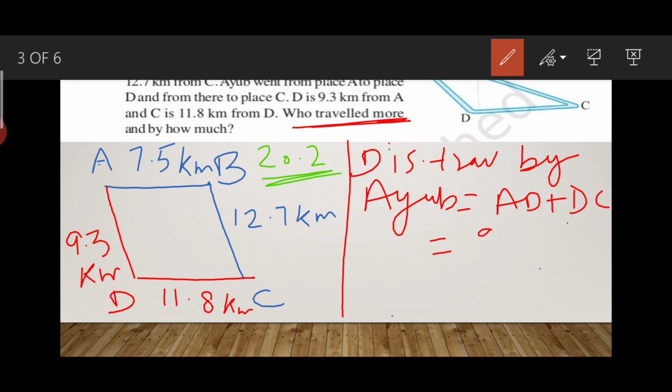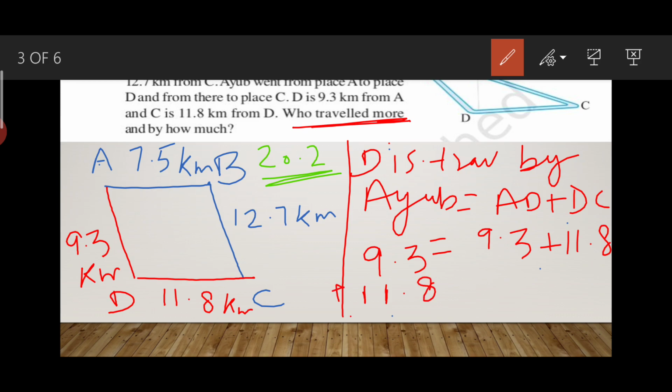What is AD? 9.3. What is DC? 11.8. So again you have to add both these numbers, 9.3 and 11.8. How will you write 11.8? Decimal under decimal, and before it there is 11. So you will start from the back side, that is 1 and 1. And what is given? 8. So you will write 8 below 3.